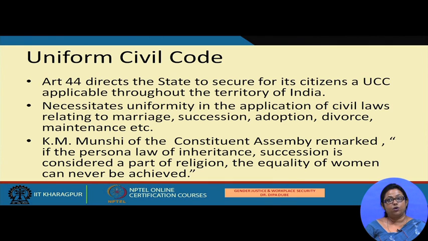Similarly, there was this case of Sarla Mudgal, where the husband converted himself to Islam, embraced Islam in order to contract a second marriage, because according to Islam, a man can marry up to 4 times and have 4 wives at the same time.